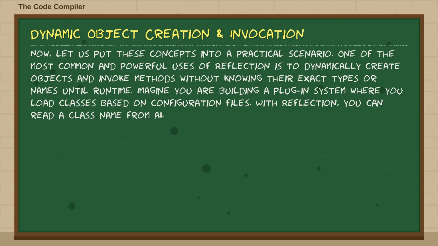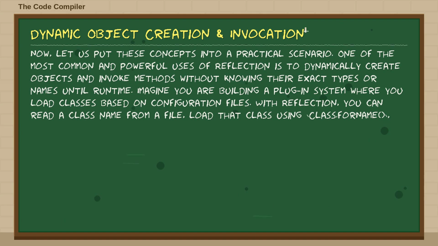With reflection, you can read a class name from a file, load that class using Class.forName, then find a suitable constructor using getConstructor, create an instance using newInstance, and finally, find and call a specific method using getMethod and invoke.